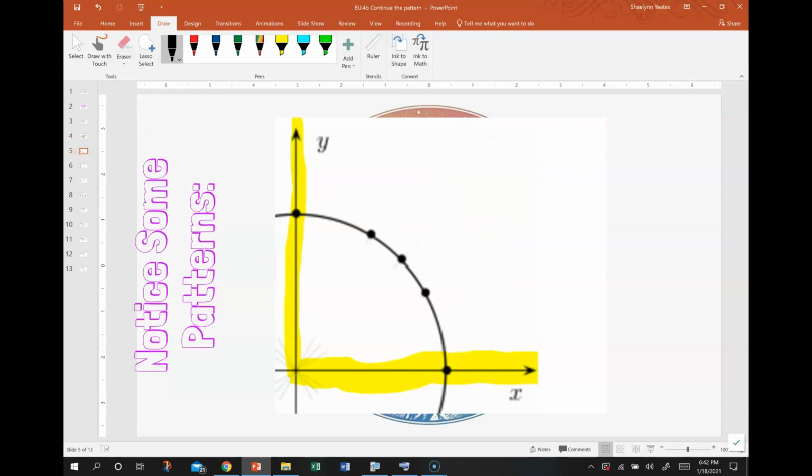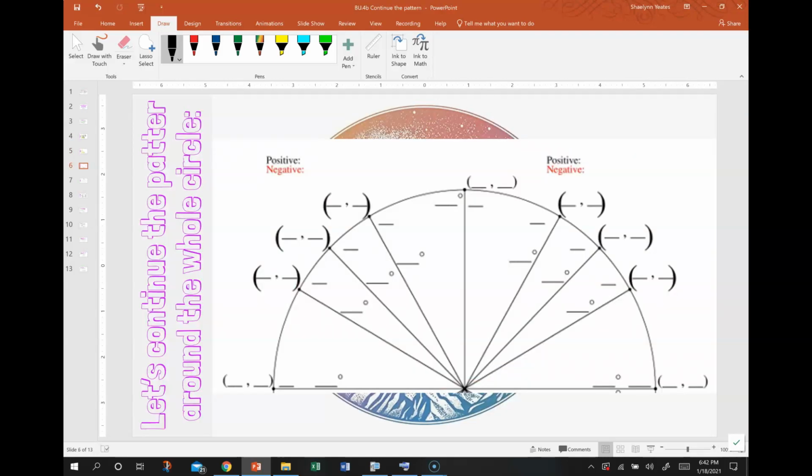All right. So we talked about some patterns. Now we're going to continue those patterns, and we're going to talk about degrees versus radians here. This is 0 degrees or 0 radians. This is going to be 30 degrees, 45 degrees, 60 degrees, and 90 degrees. If we talk about radians, this goes from 0. This is going to be pi sixths, because that's 30 degrees.